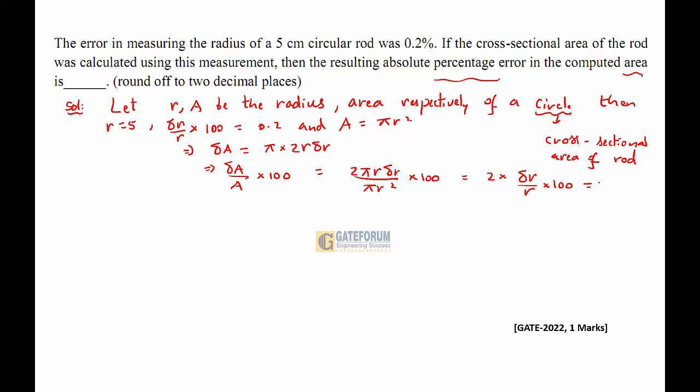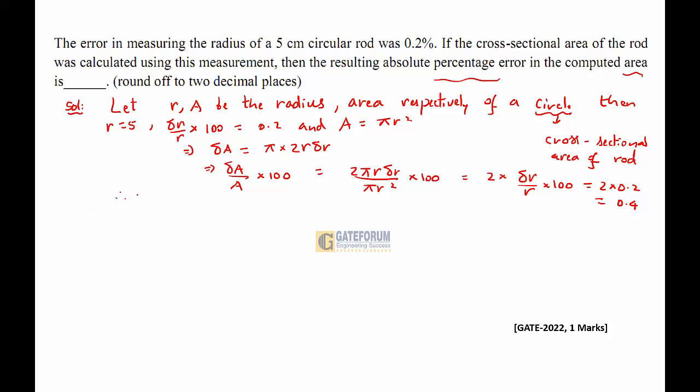So this is equal to 2 into delta r by r into 100, already given 0.2. So this is equal to 0.4. Absolute means taking modulus. Here we already got delta A by A into 100 as 0.4, so its absolute is also 0.4.